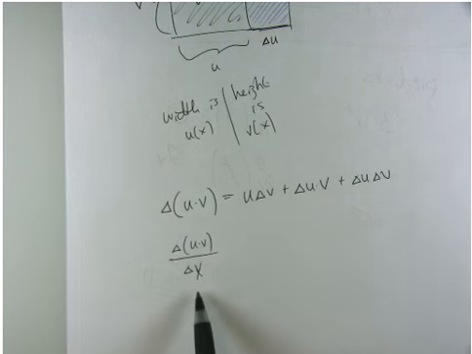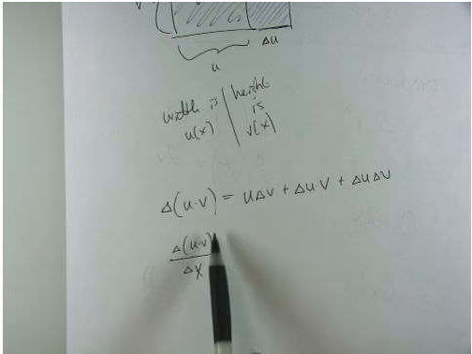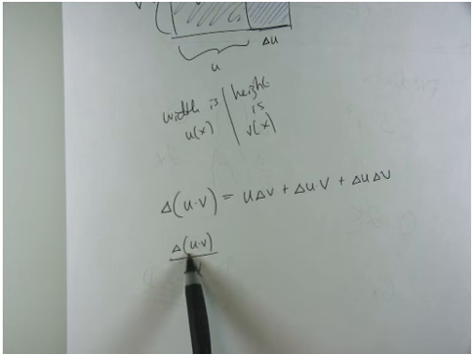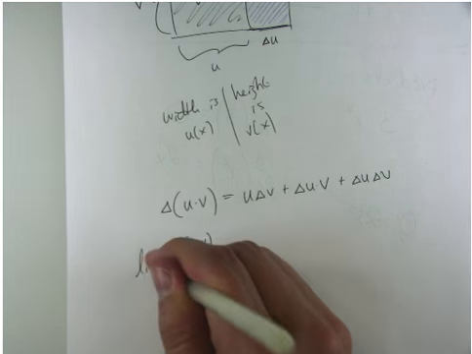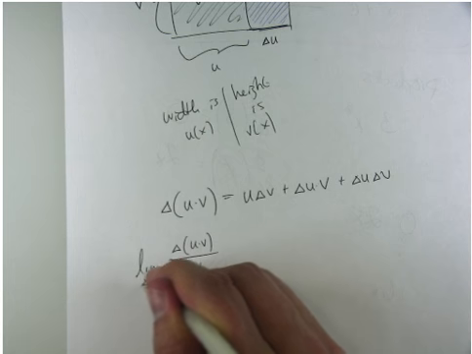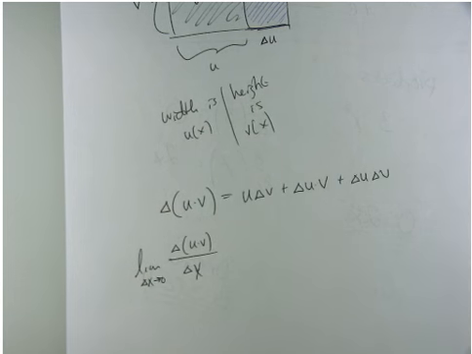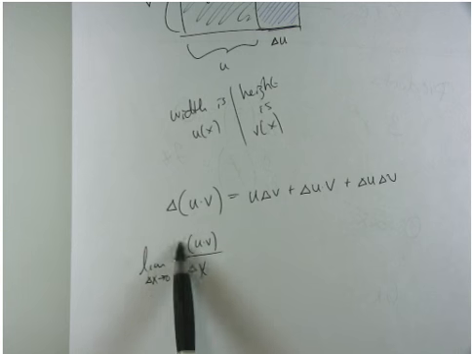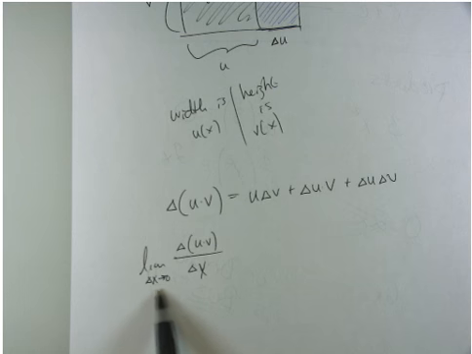If x changes just a little bit, how is this product going to change? And then I'm going to see what happens as that change in x goes to nothing. How much is the product changing if x changes? And then I'm going to shrink how much x is changing down to nothing, and that's going to give me my derivative.